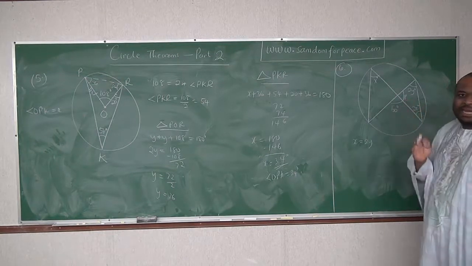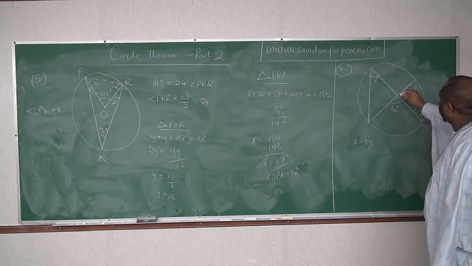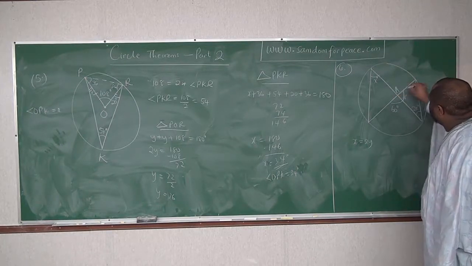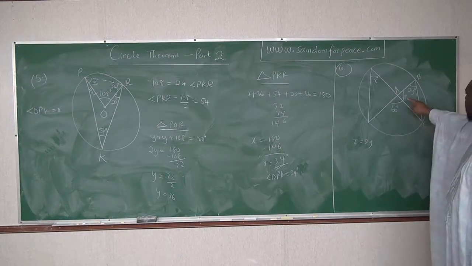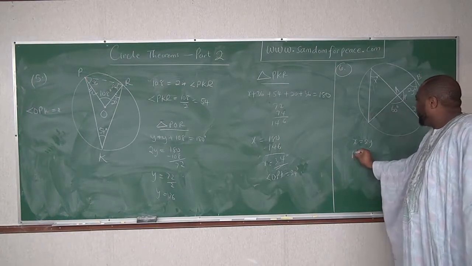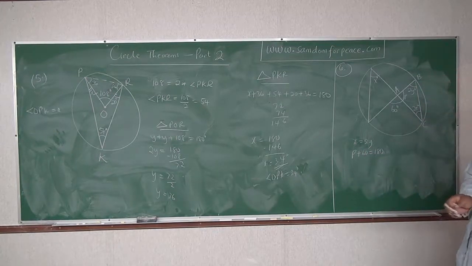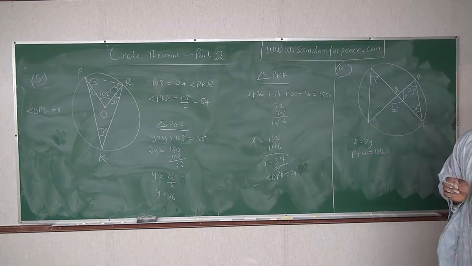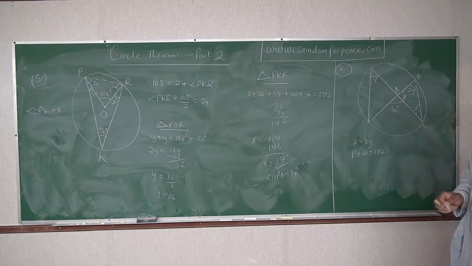So we can label this triangle because we want to find 2y. Let me label this as ABC. Now, P plus 60 is equal to 180. Reason: angles in a straight line.